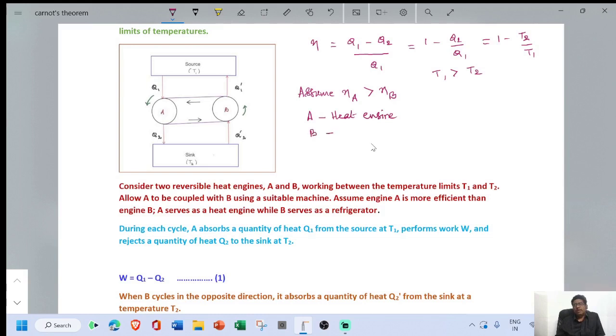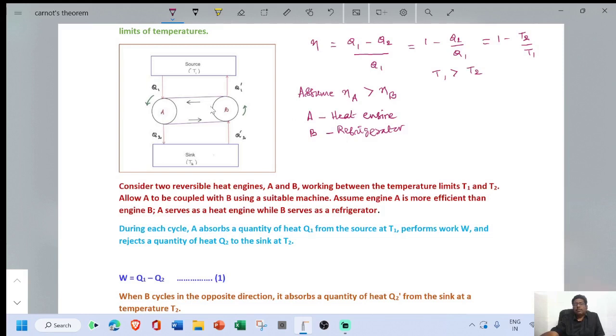Engine B acts as a refrigerator. It absorbs heat energy from the sink and rejects heat energy to the source. It is working in the reverse order. It takes heat energy from the cold body and gives heat energy to the hot body. So it is a refrigerator.